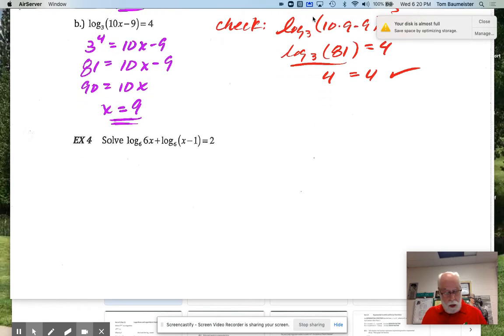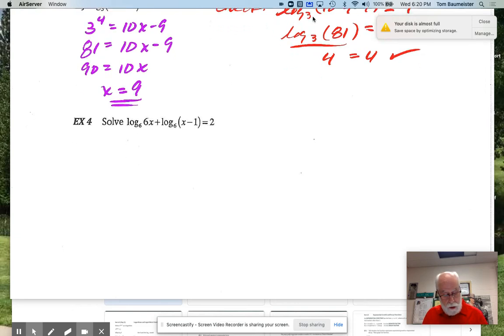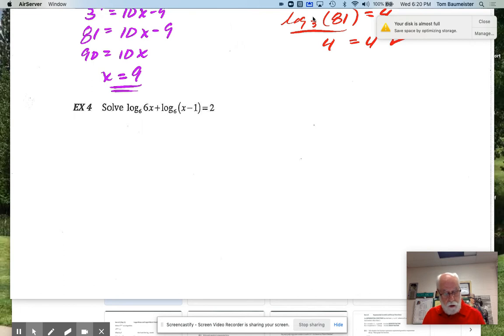Next one. This one here is kind of a long one, but again, it's a good one. So solve log to the base 6 of 6x plus log to the base 6 of x minus 1 equals 2. So remember, I have the plus there, right?